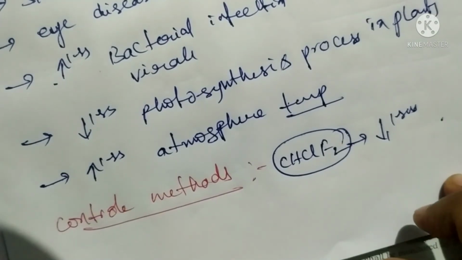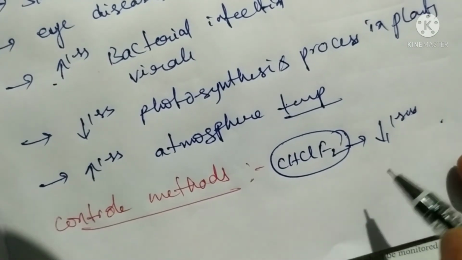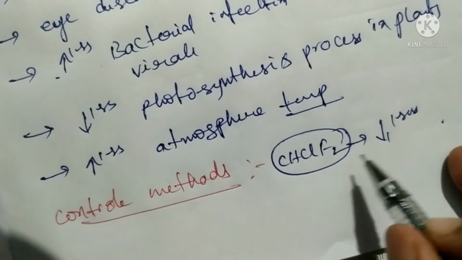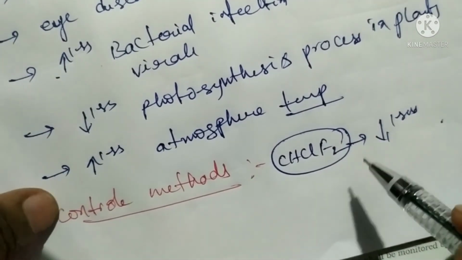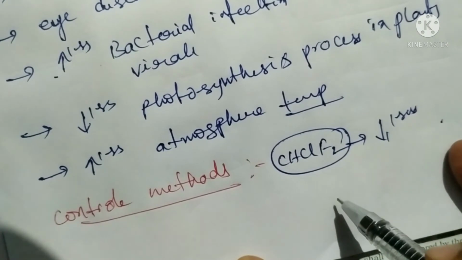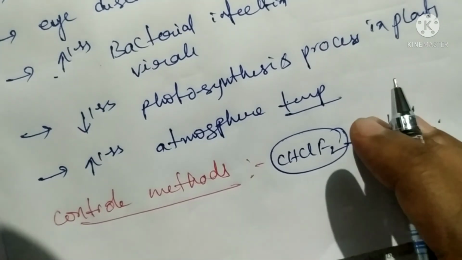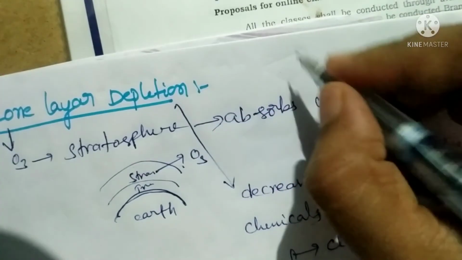So alternatives should be found for decreasing chlorofluorocarbons. This is a very important question for 3 marks.